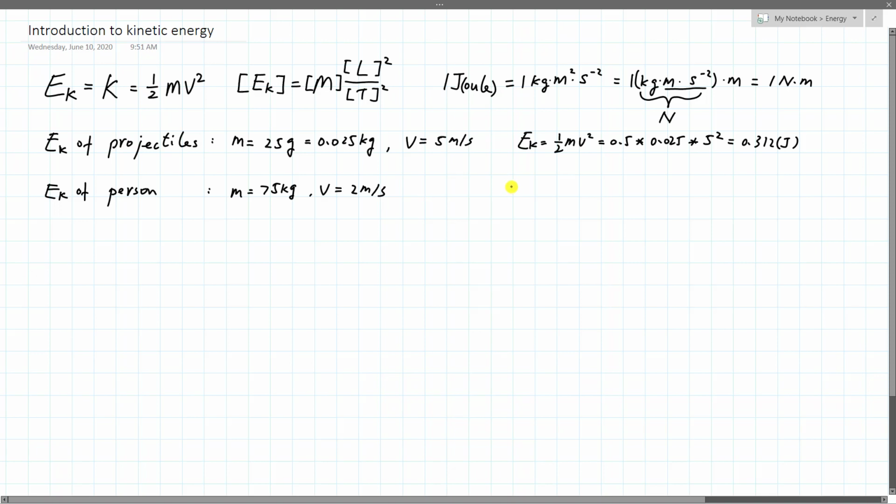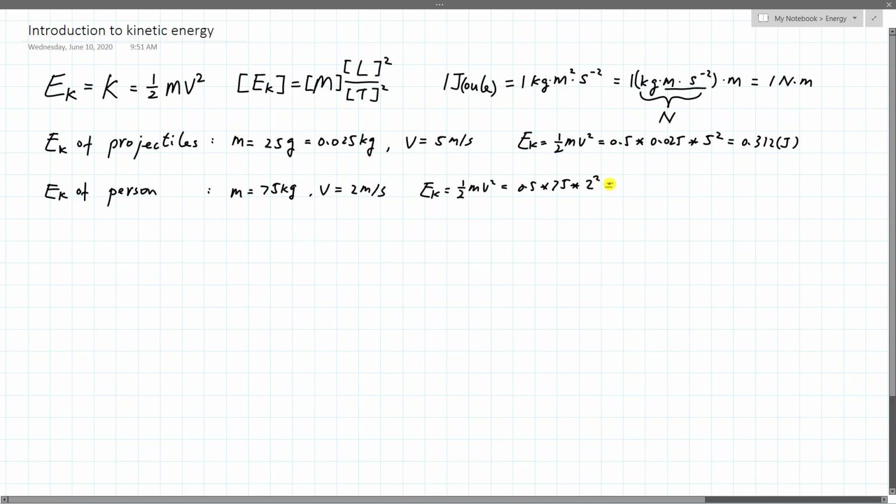So let's calculate the kinetic energy. A person in a hurry, walking fast, 1/2 mv squared. So 0.5 times 75 kilograms, that's just an average build person, maybe with a backpack, and 2 squared.